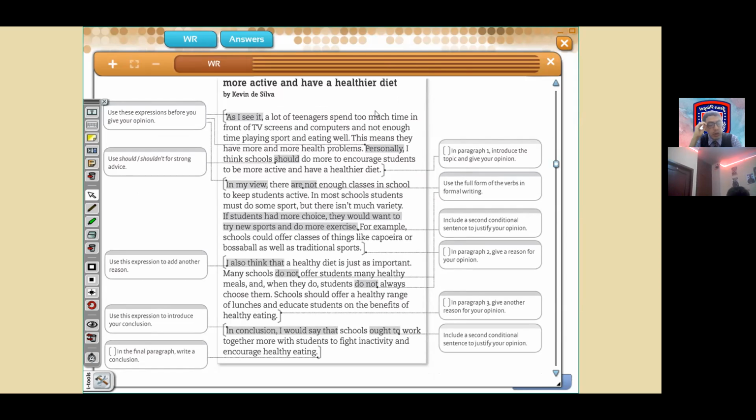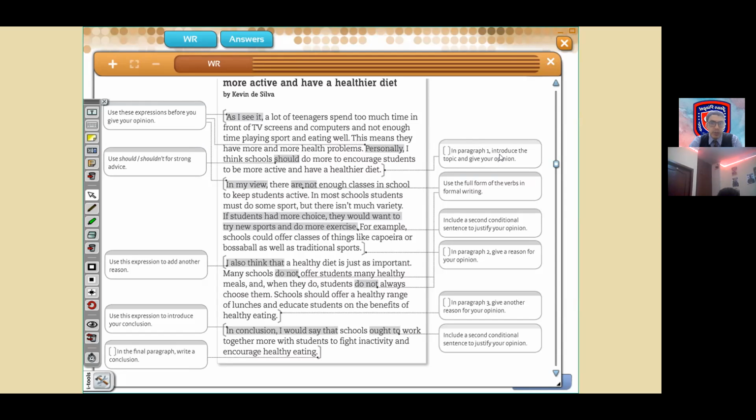What is an opinion essay? It's a short essay in which you have to include your opinions about a topic, which you can, of course, give opinions about. I don't know, climate change, coronavirus, whatever. So these are topics that you can give your own opinions, your own views about, okay? And you have to include, as you can see, these expressions.